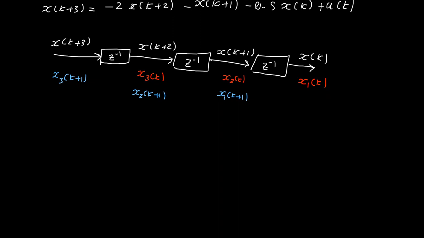So we start from x1 of k plus 1, which will equal x2 of k. x2 of k plus 1 is equal to x3 of k.